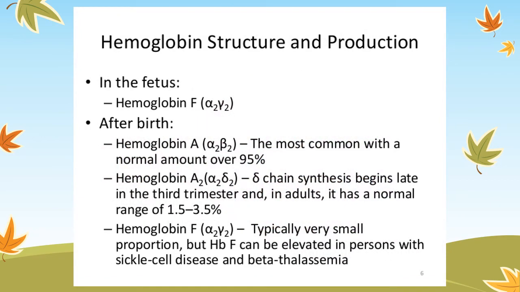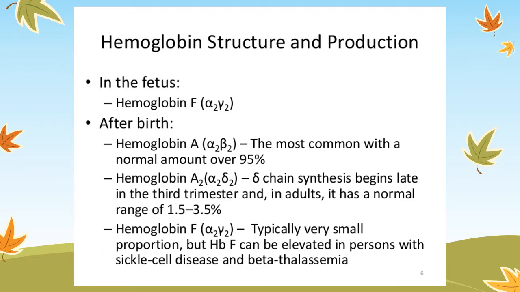Now we're talking about hemoglobin structure and production. Notice that in the fetus we have hemoglobin type F, which contains two alpha chains and two gamma chains. In adults we have hemoglobin A, two alpha chains and two beta chains, and about 95% of the hemoglobin is this type.